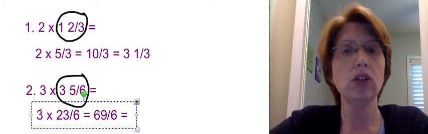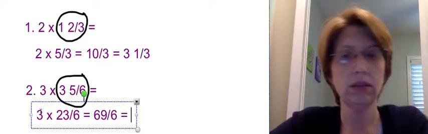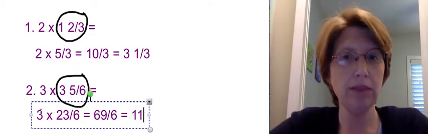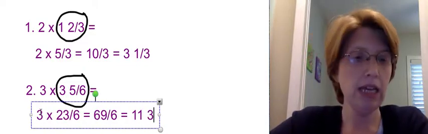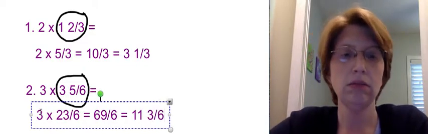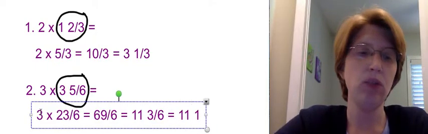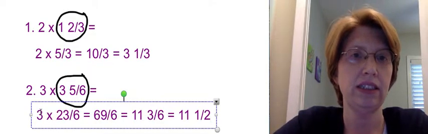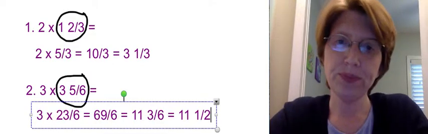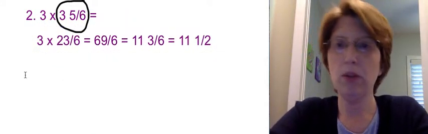So 6 goes into 69 11 times with a remainder of 3/6, which then is going to turn into what? 11 1/2. Are you with me? Okay, let's keep going.